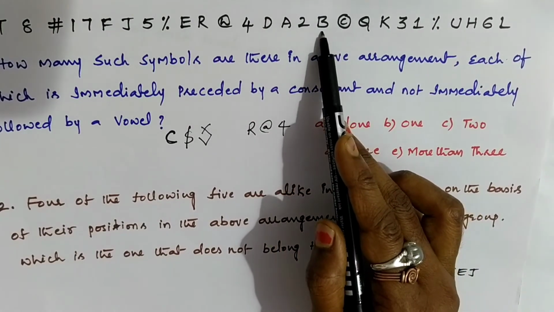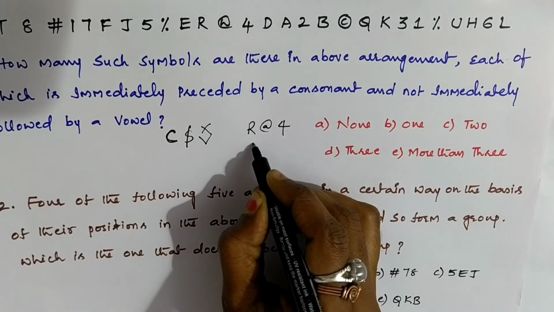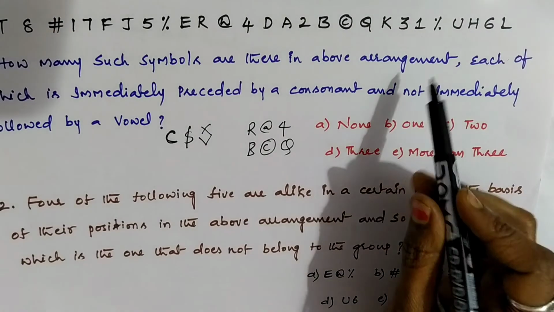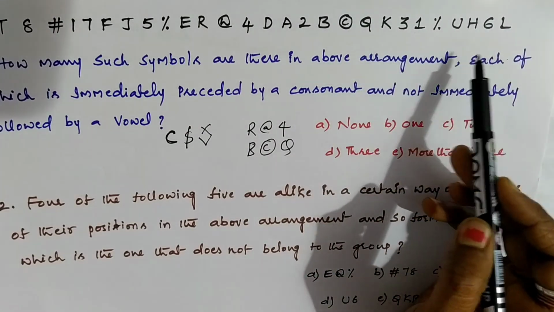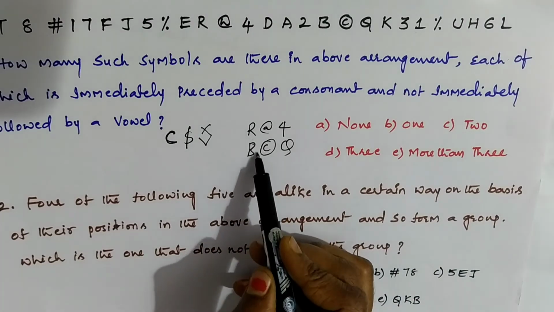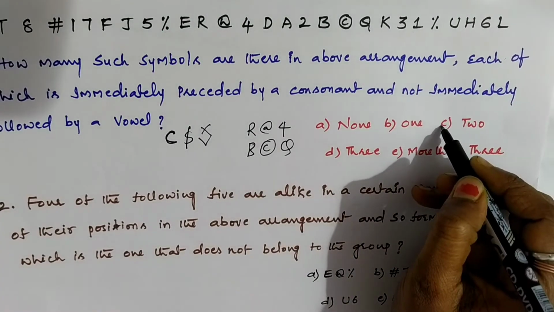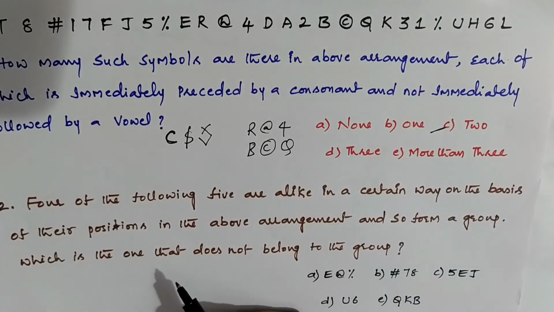Symbol, consonant, Q. Q is not a vowel. B, C, Q. Next, symbol, number. Here, no chance. We have 2. How many such symbols? Means 2. The answer is C. Okay. Next question.